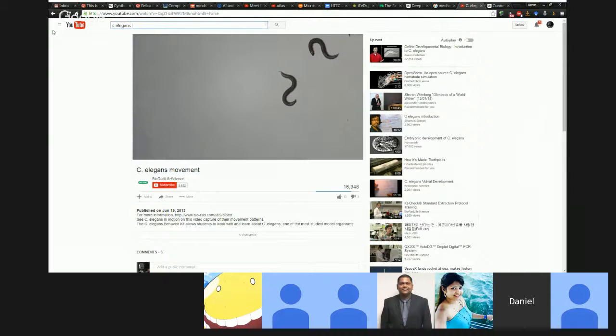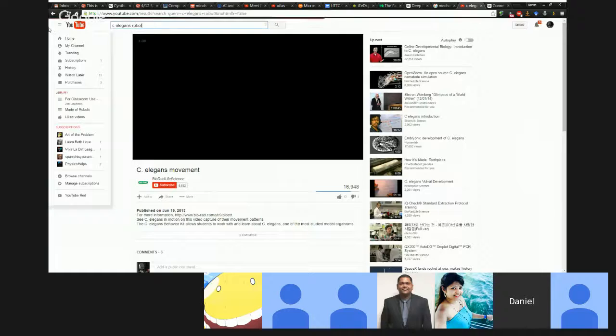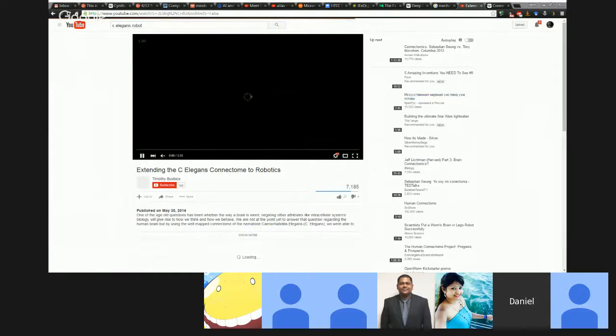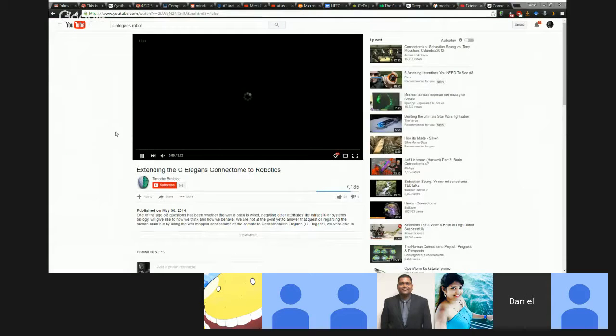So, because we know every neuron, we can build a simulation of that system and put that simulation into a robot. So this is a C. elegans robot, if it loads.